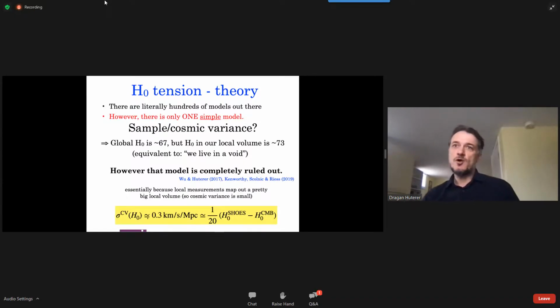However, this model is essentially completely ruled out, because local measurements probe a pretty big volume of the universe, so big that this sample variance effect is very small. In fact, this can be quantified exactly, and the sample variance is equal to 0.3 kilometers per second per megaparsec, which is 1/20th of the difference it has to explain between the distant and local measurements.